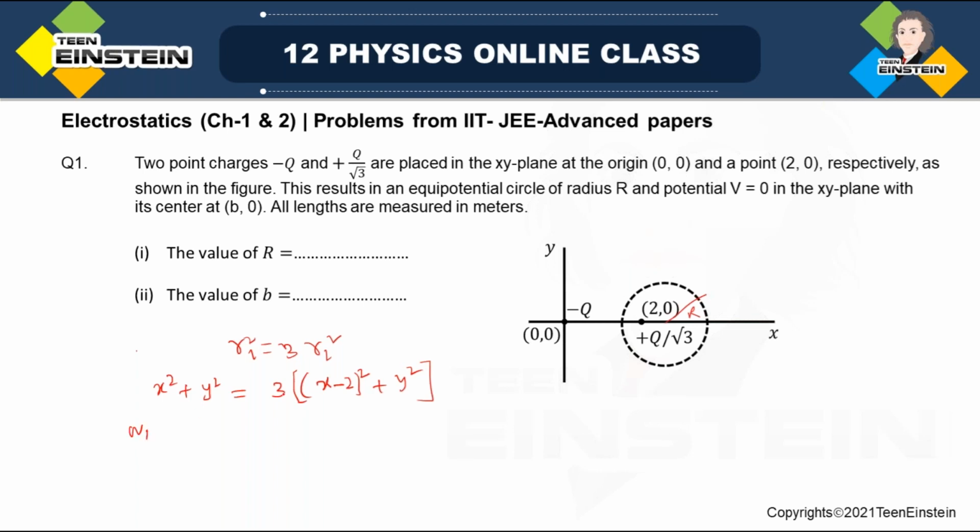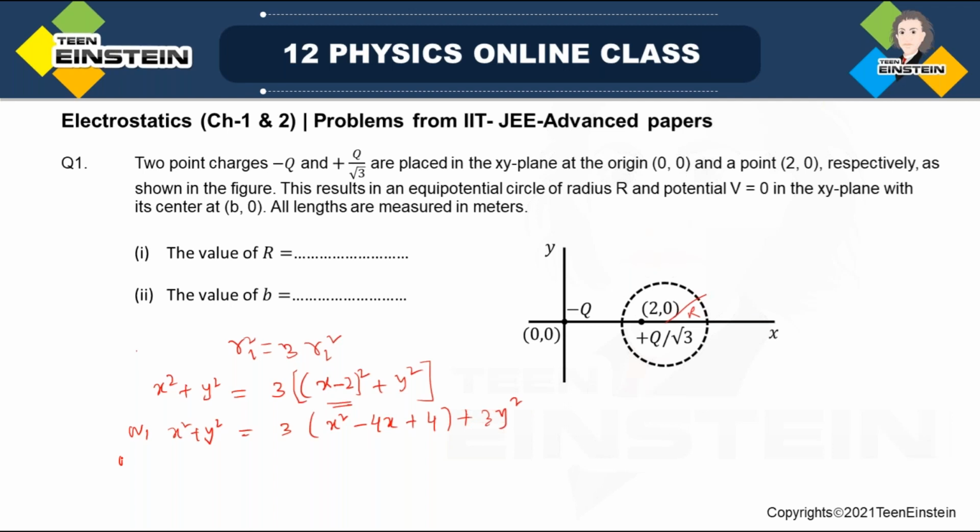So see here, if we just split it with the algebraic identity (a minus b) whole square, then what we get on the right hand side? So 3 times x square minus 4x plus 4, and it is 3y square again.